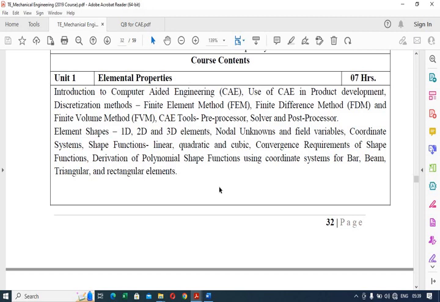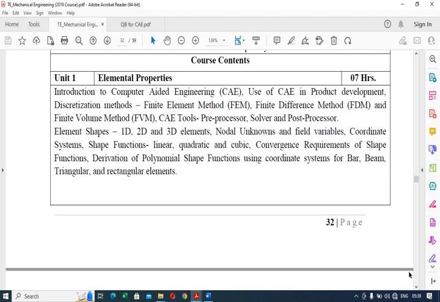Nodal unknowns and field variables, coordinate systems, shape functions, linear, quadratic and cubic, convergence requirement of shape functions, derivation of polynomial shape function using coordinate system for bar, beam, triangular and rectangular elements.